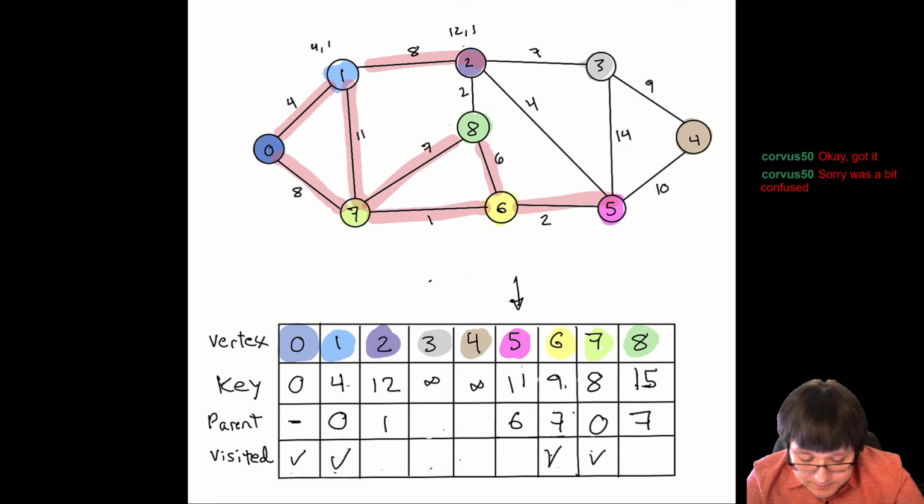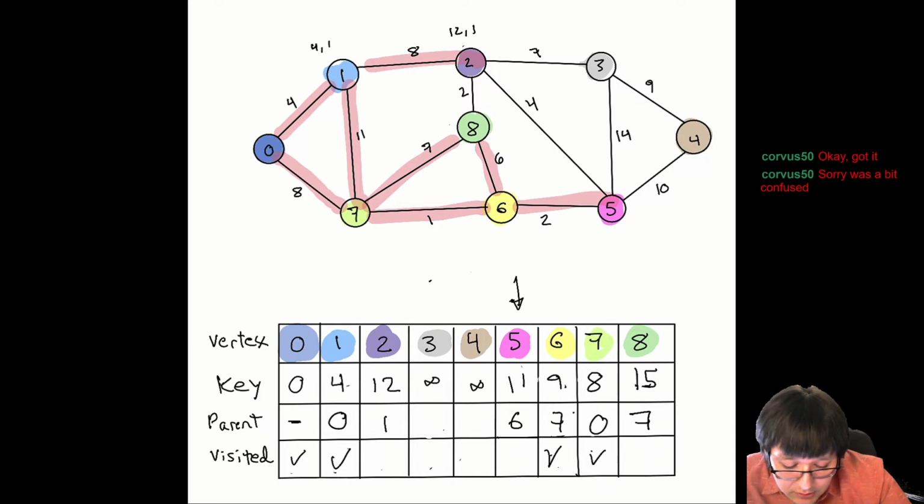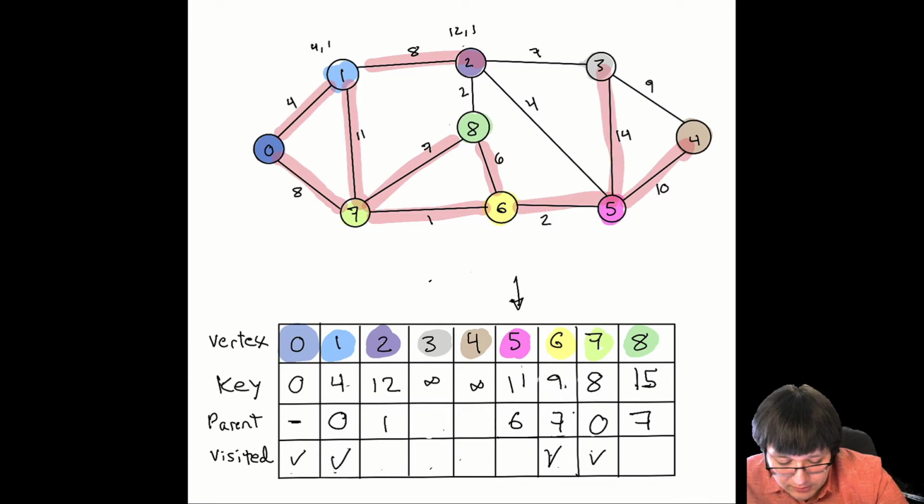That's fine, no problem. Okay, so we're looking at 5 and we got 3 edges to deal with. So let's just go ahead and deal with the ones that we know, to make things quicker. Let's deal with that edge first, because 4 is infinity and so is 3. So those are definitely going to be updated. So 3 and 4. In the case of 4, we are going to take the 11 that we have here and add that to 10.